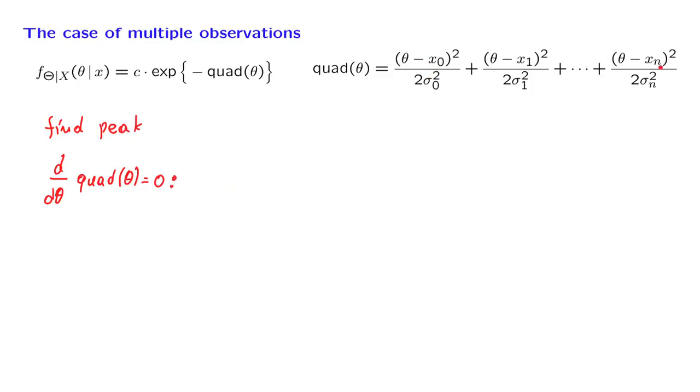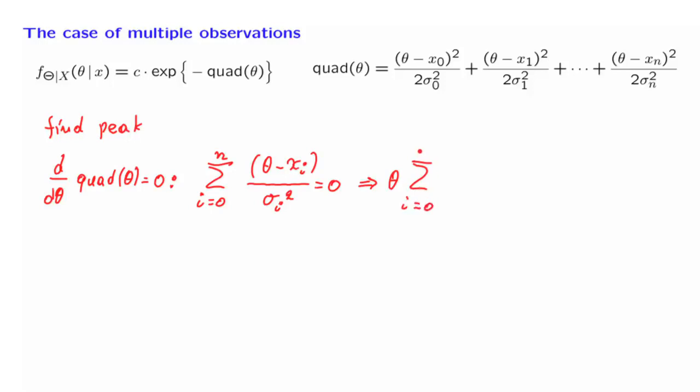This gives us a sum of terms. The derivative of the typical term is going to be theta minus xi divided by sigma i squared. And this expression must be equal to 0 if theta is at the peak of the posterior distribution. And so we now rearrange this equation. We split and take first the term involving theta, and gives us a contribution of this kind.